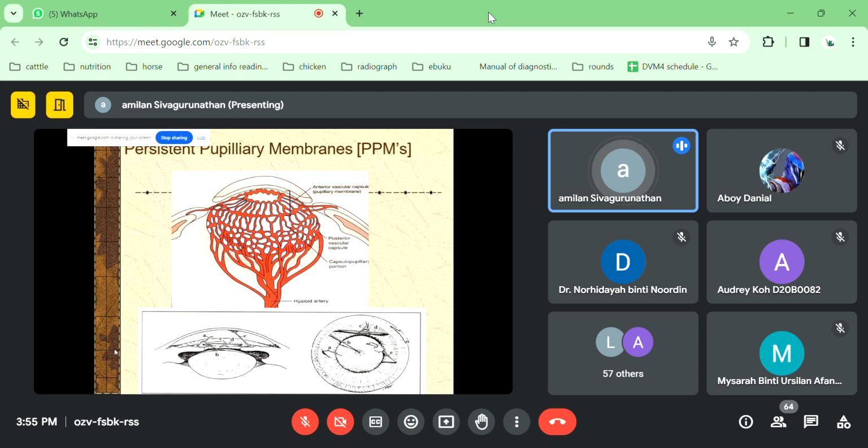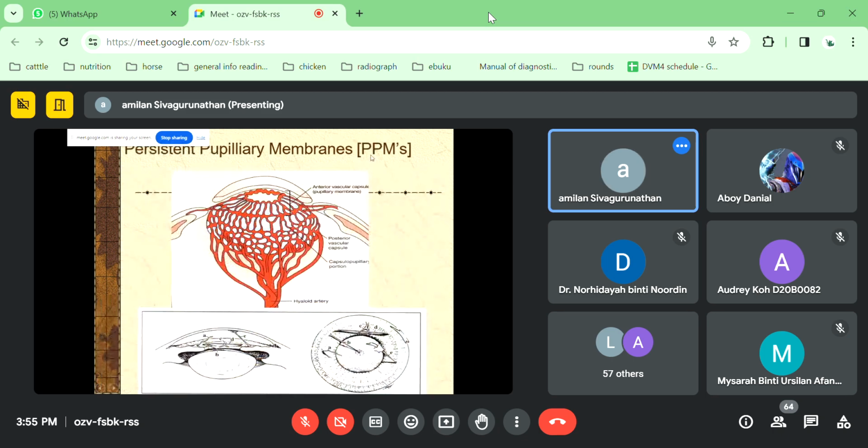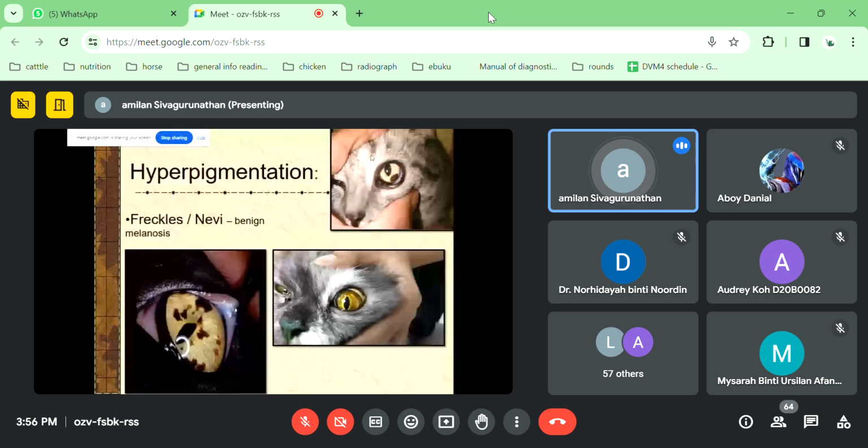There are various configurations, so it's just a classification. And I showed one picture earlier about the inherited issues. These are some of the common inherited PPMs. And depending on the nature of it, some are correctable, some are not. So this is just for you to understand that these are developmental anomalies.